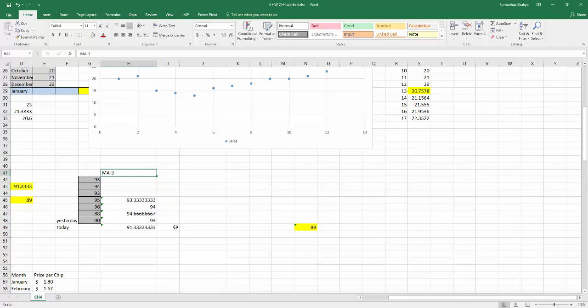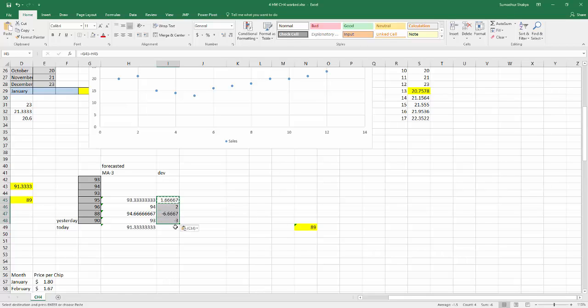So if this is the forecasted value for the moving average with a 3-day period, then let's do the deviation first, which equals actual minus forecasted.